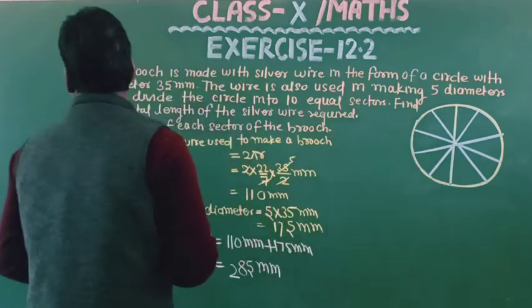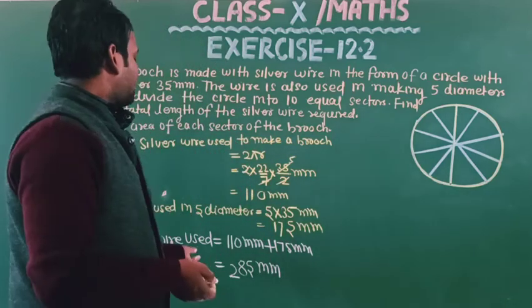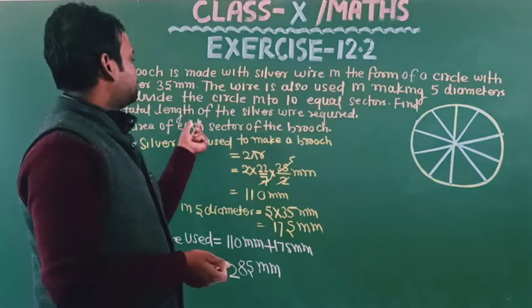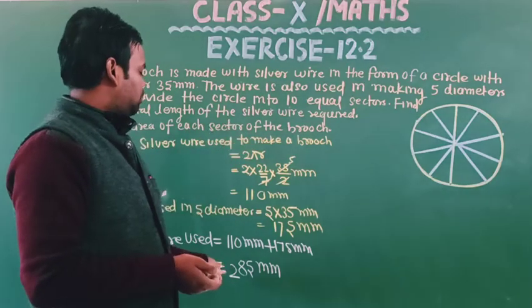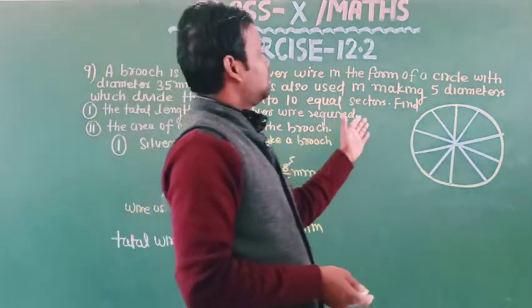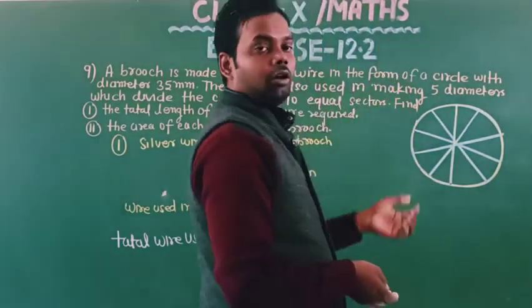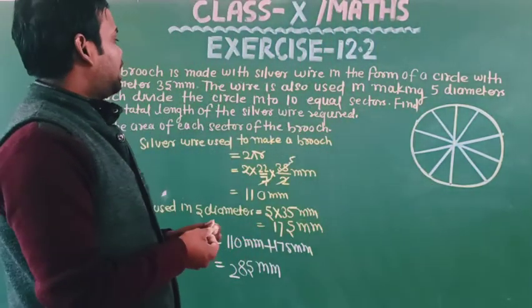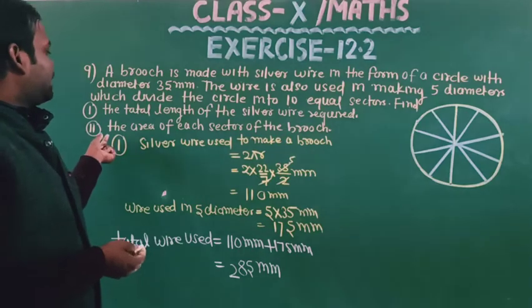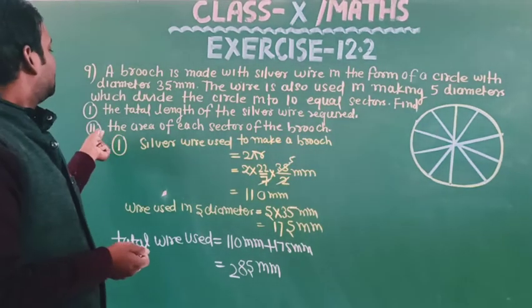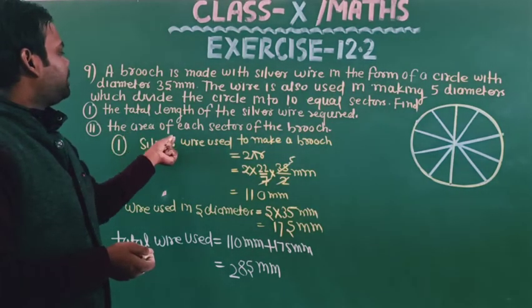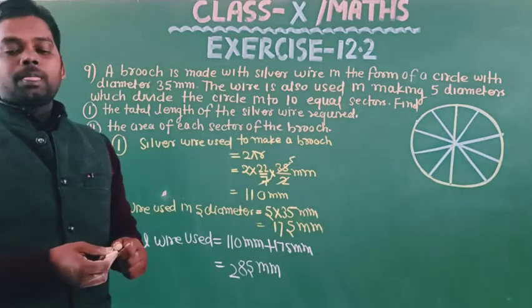Okay, 285 mm is the total length of the silver wire required for making such a brooch. Okay, and in the second part we have to find the area of each sector of the brooch.